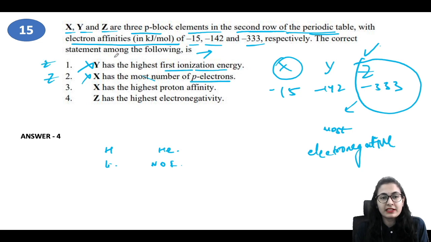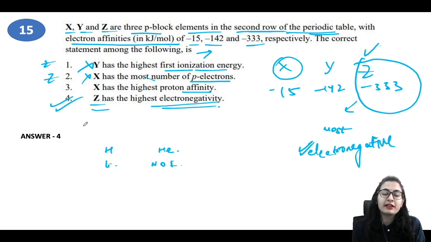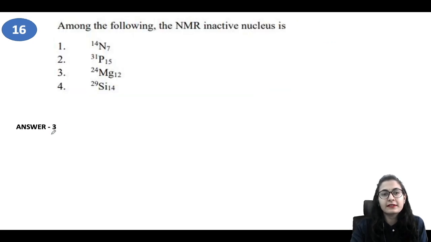The same, Z is the correct for both. X has the highest proton affinity? The highest proton affinity will again be for the most electronegative. Z has the highest electronegativity. This is correct. So fourth is correct and all the other statements are correct for Z. Okay, so this is the correct answer.